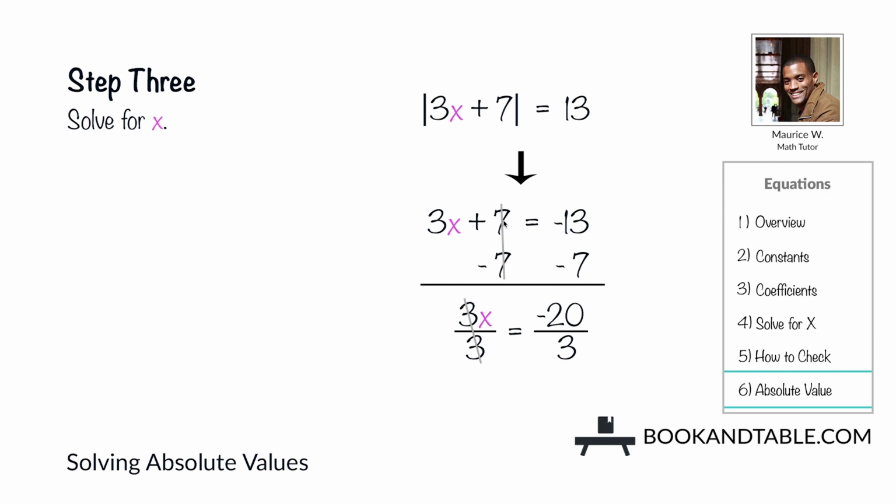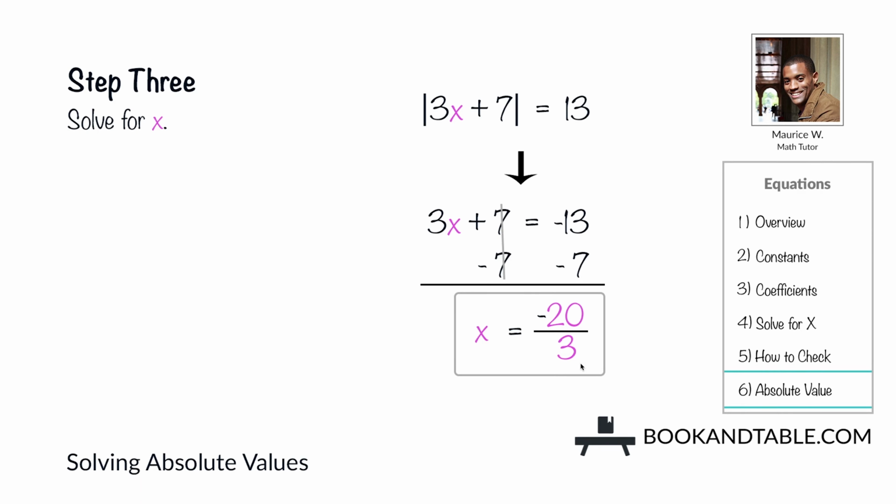We first start off by removing the constant positive 7 by subtracting 7 from both sides, leaving you with 3x on the left side and negative 13 minus 7, which is negative 20, on the right side. And then to remove this coefficient, positive 3, we need to divide both sides by positive 3, leaving us with x is equal to negative 20 over 3.